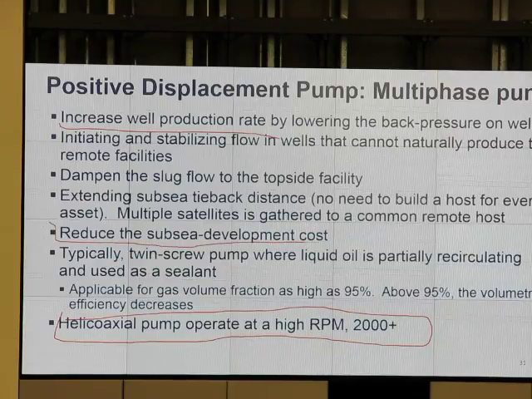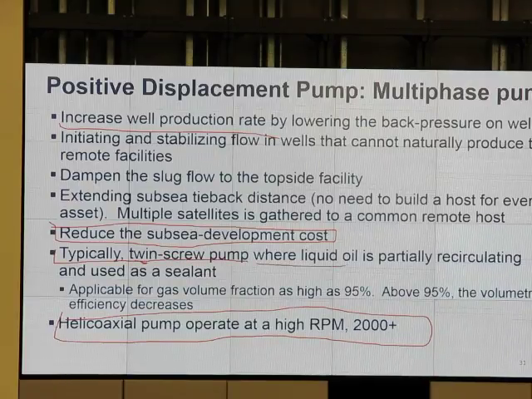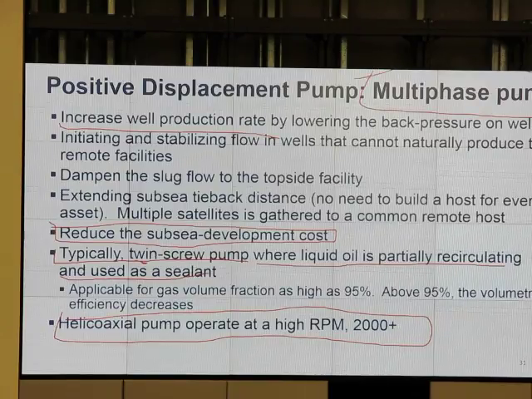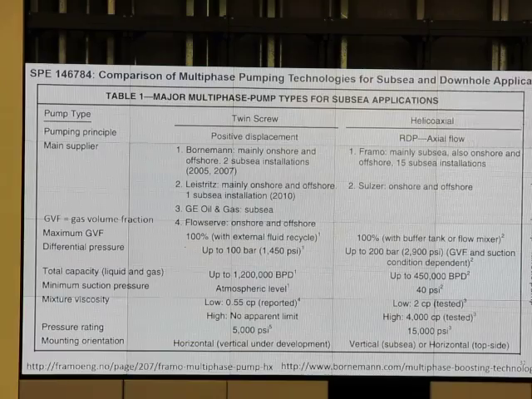It reduces the subsea development cost by putting the multiphase pump on the subsea. So it can help subsea production. Typically, it is a twin screw pump, where liquid oil is partially recirculated and used as sealant. So the thing to memorize is the multiphase pump is PD, and is typically a screw pump.